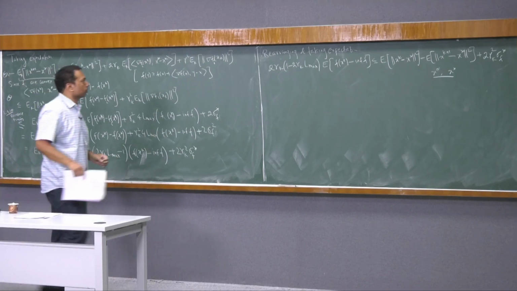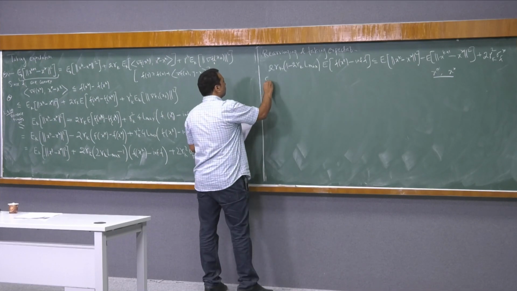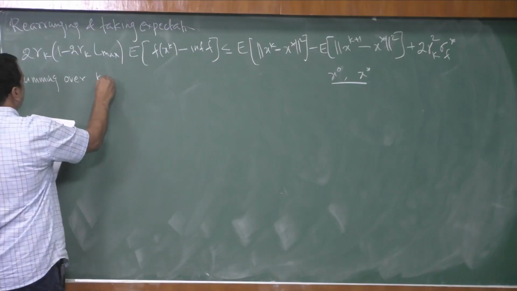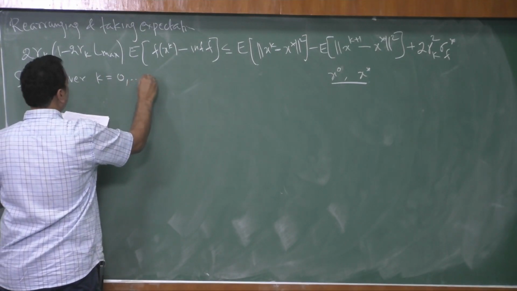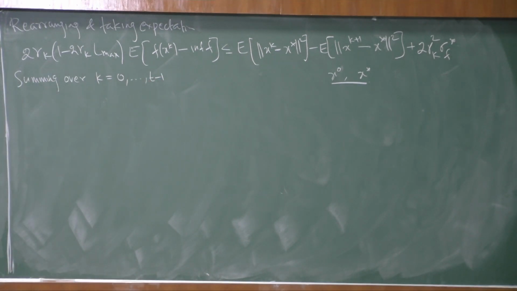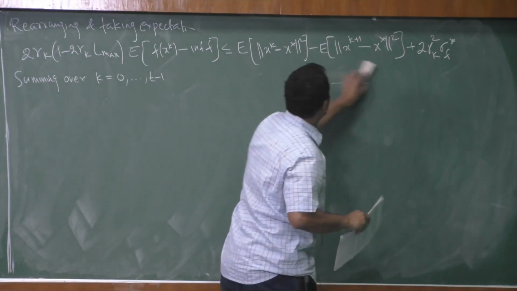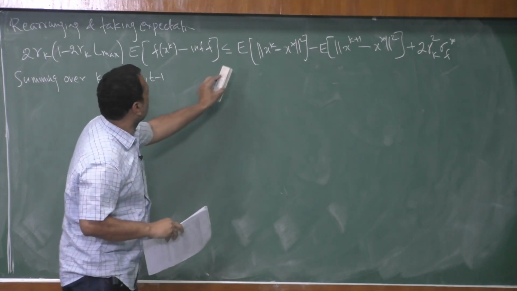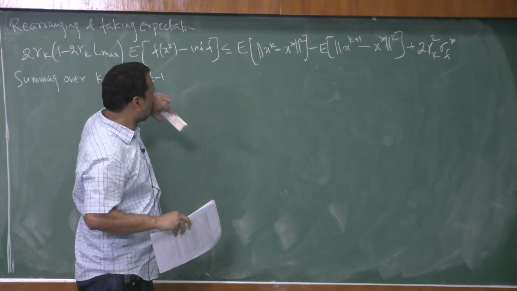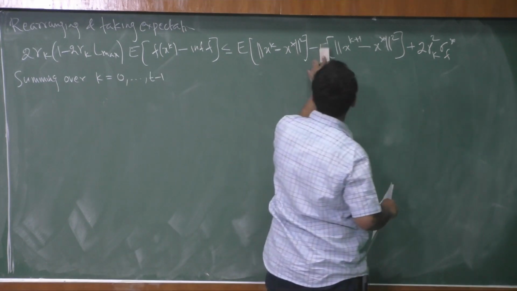So if we do that, summing over k equals 0 to t minus 1, and using telescopic cancellation, which refers to the cancellations going on here. If you want, I could have taken expectation common, because expectation is a linear function, so the telescopic sum cancellations go inside. So if you want, I could have done this.